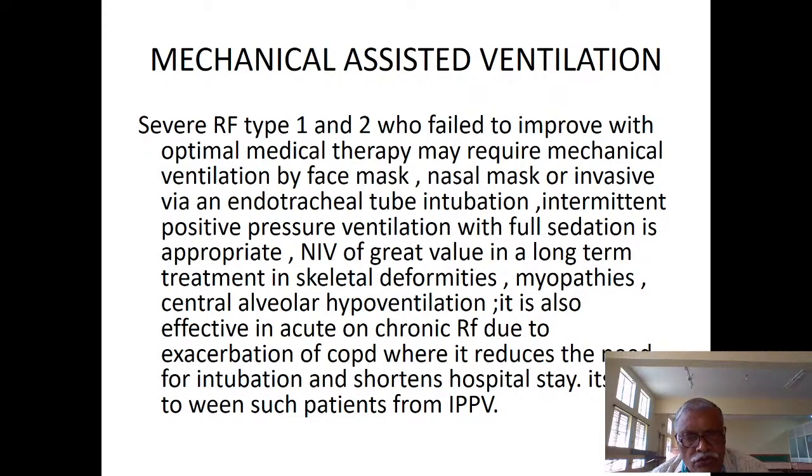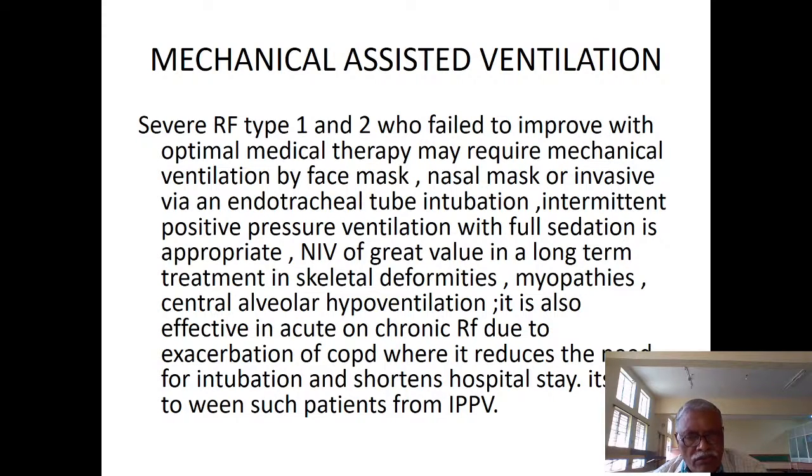Non-invasive ventilation is of great value in long-term treatment in skeletal deformities, myopathies and central alveolar hypoventilation.